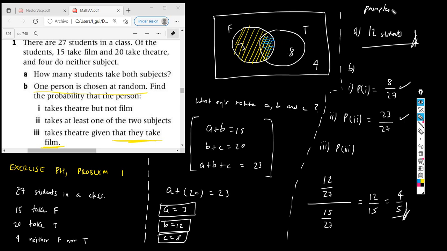Okay, it's an aid. That's all it is, guys. So this is the result for the number 3. 4 over 5, which is the ratio of this area, once again, to all of this area of this circle. And that takes care of this first problem.